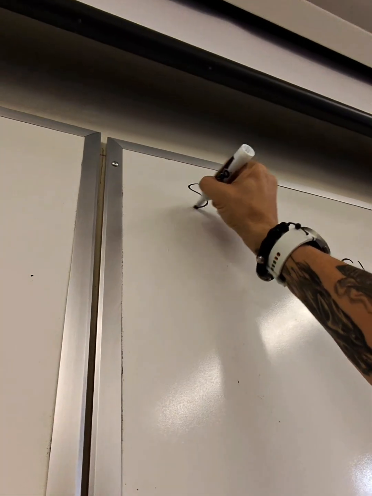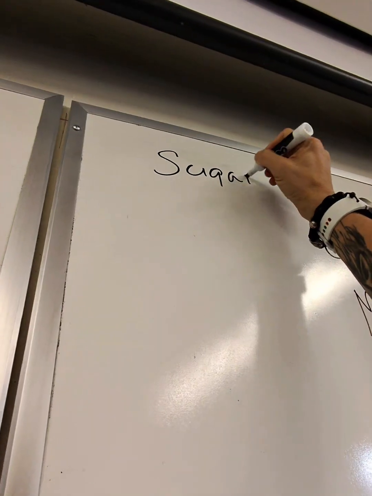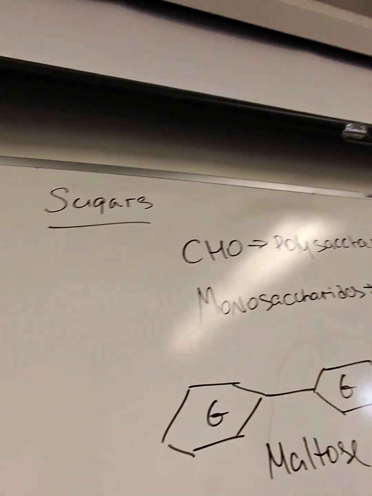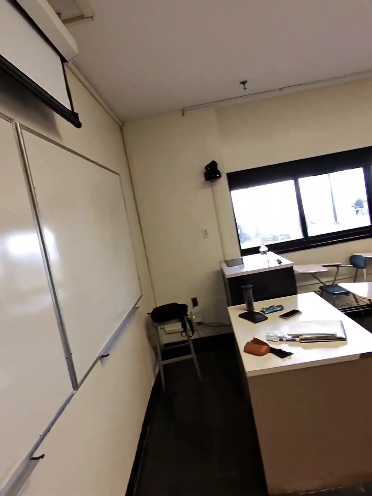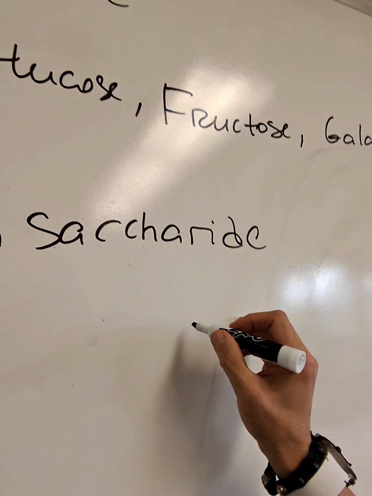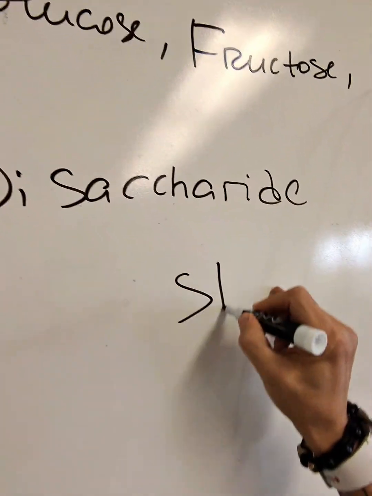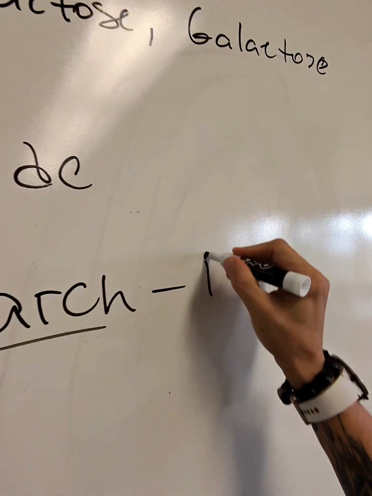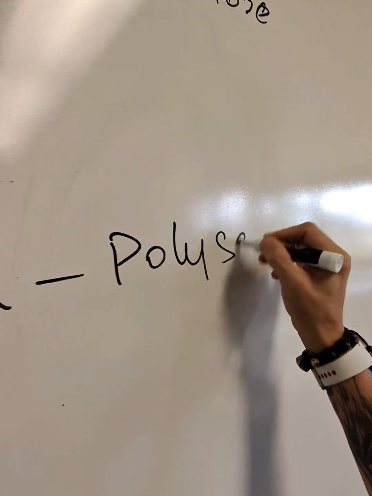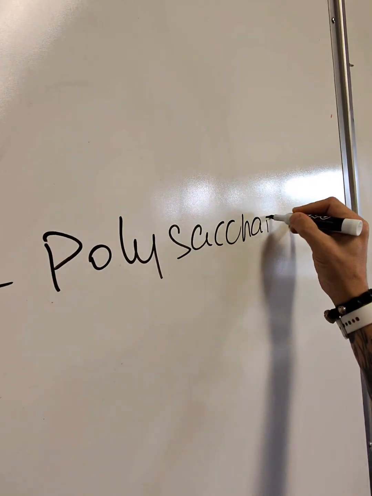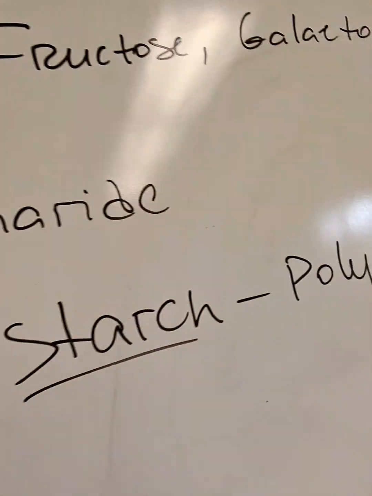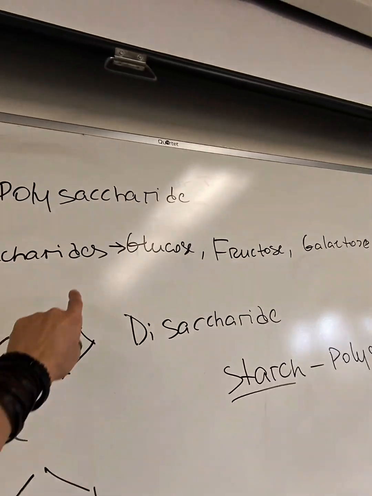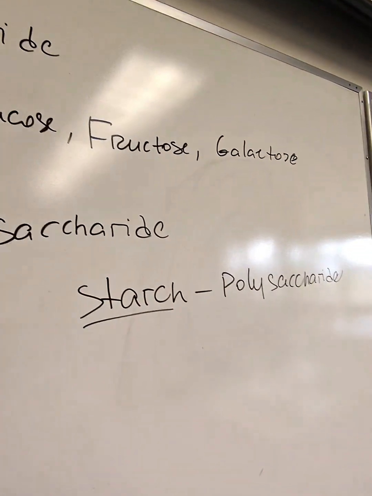So all of these are sugars, or saccharides, or carbohydrates. Then there are also starches. Starch is a polysaccharide made out of a bunch of glucose molecules, a bunch of monosaccharides.